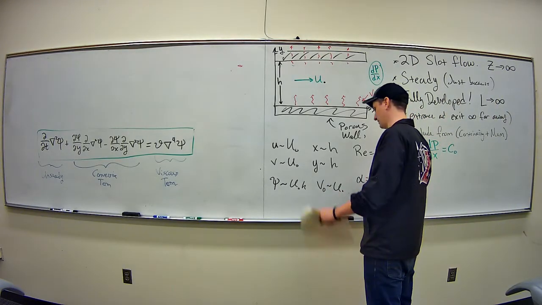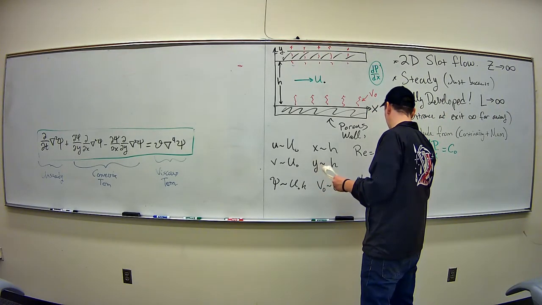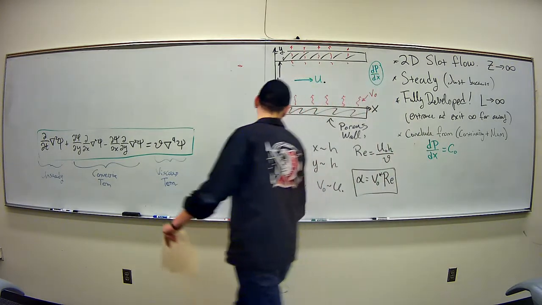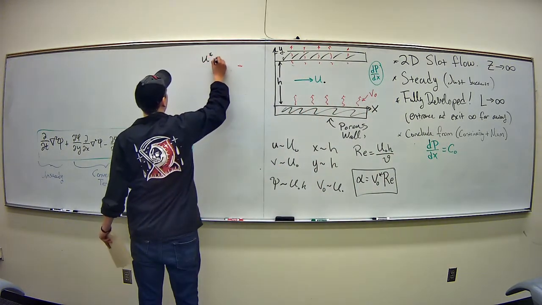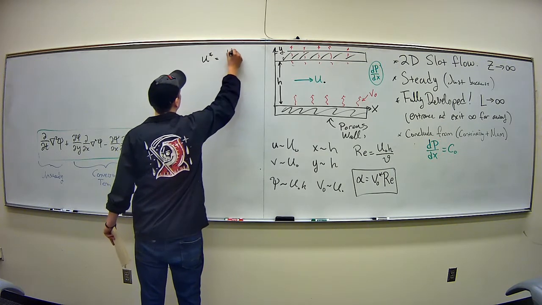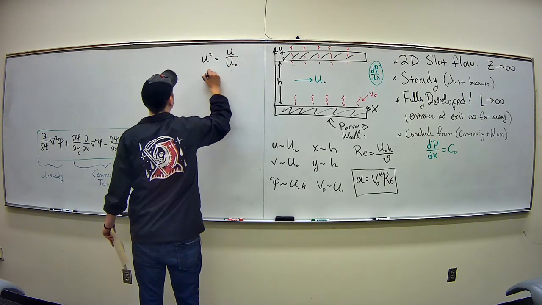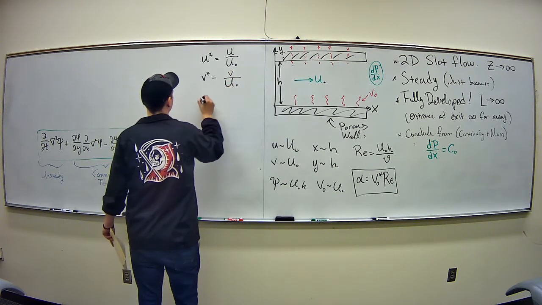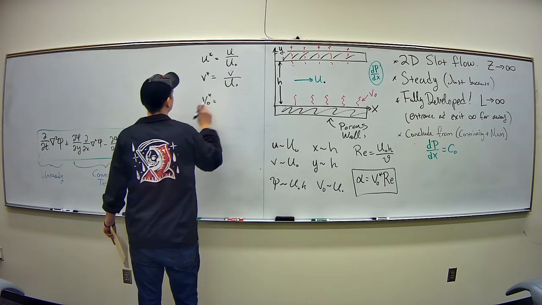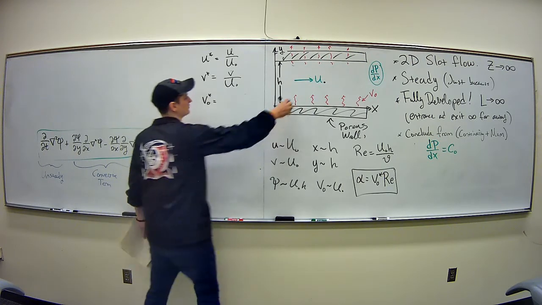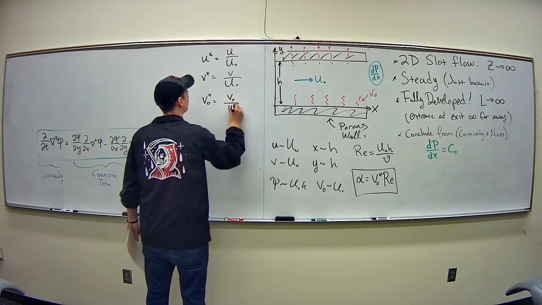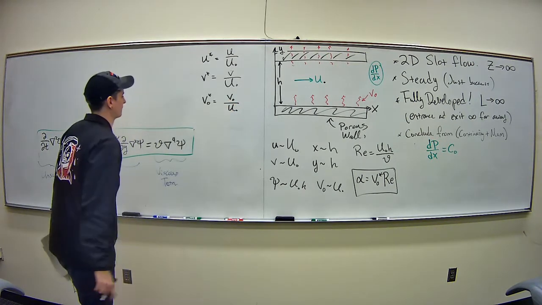I'm calling it an alpha, and that pops up from doing this. This means my non-dimensional velocity is u divided by u naught. Non-dimensional v velocity is v, which I don't know, but I've normalized by the same scale. And even my non-dimensional boundary condition for this porous flow suction is normalized by this term right here.